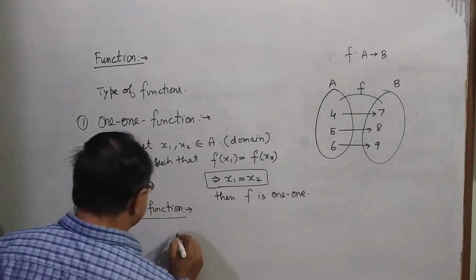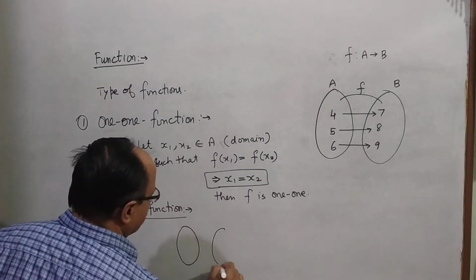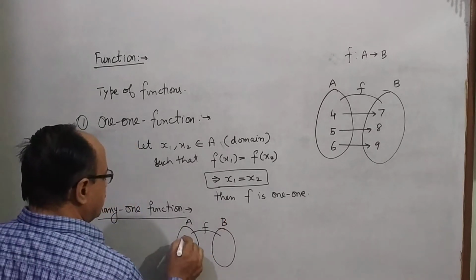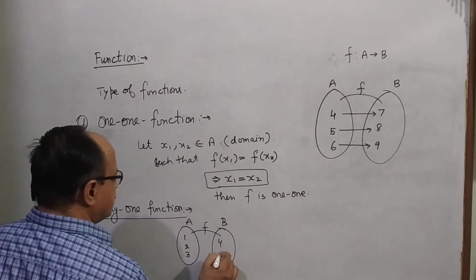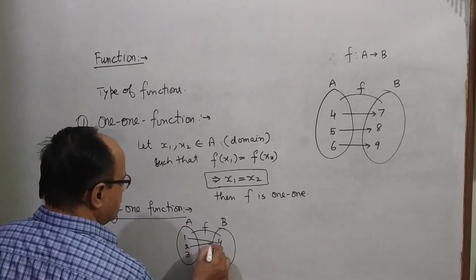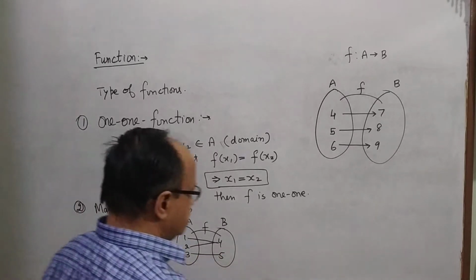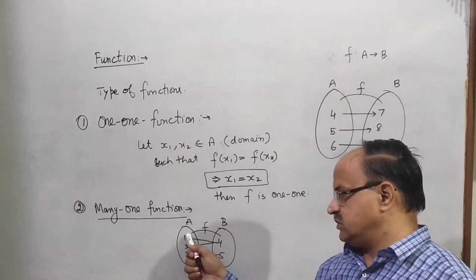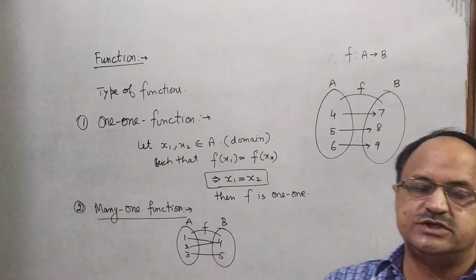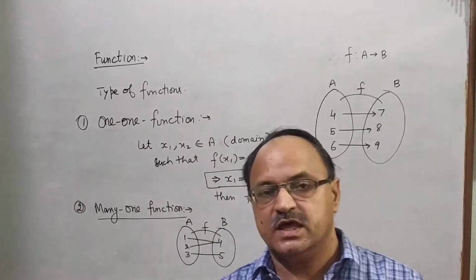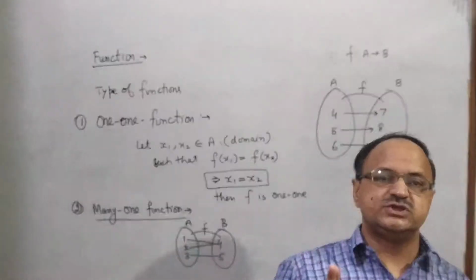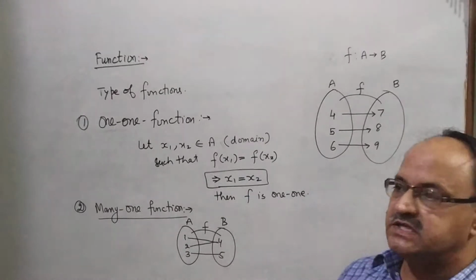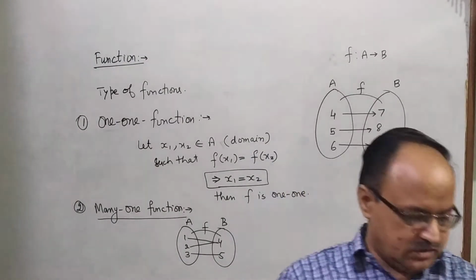For example, take a function mapping from A to B, 1, 2, 3 to 4, 5, like this. This is called a many-one function, because the elements 1 and 2 have the same image. If two or more elements have the same image, then it is a many-one function. Clear?